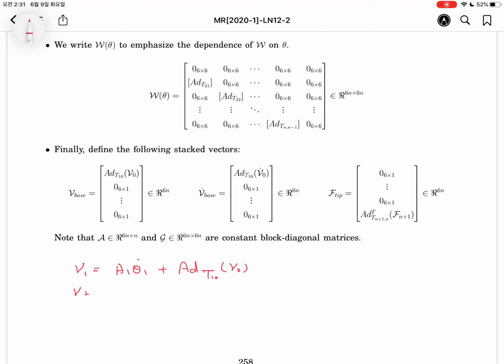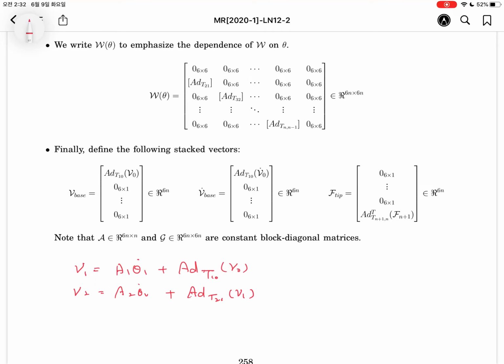And V2 is A2 theta 2 dot and the other joint T21 V1. Is it right? Let me check the correctness of the equation.